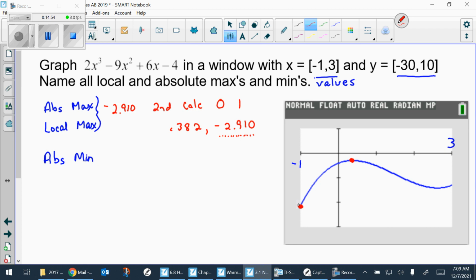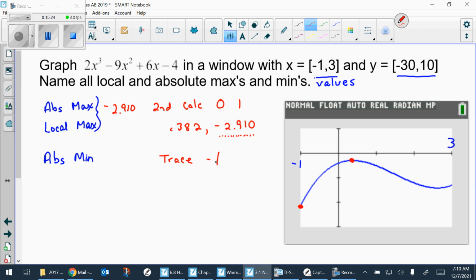What I might do to find that is just to press trace and put in -1 as the X value.